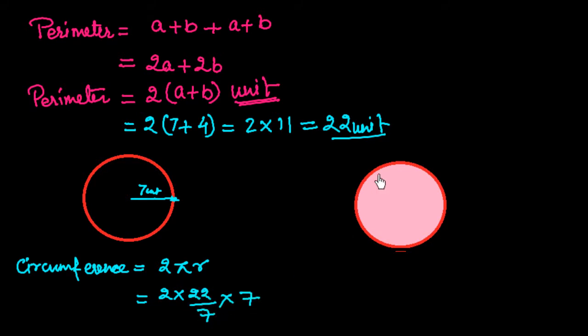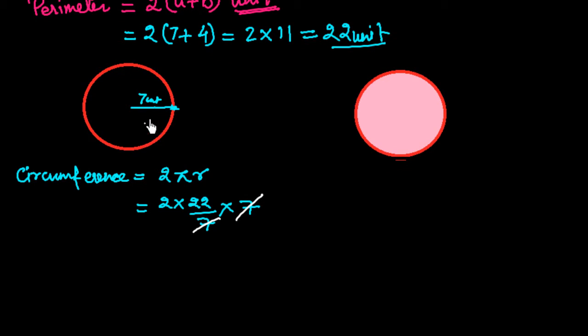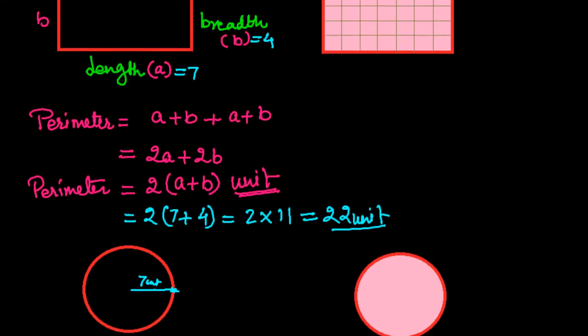If we simplify this, the length of this boundary would be 2 into 22, which is equal to 44 units. So this is also in units. This is how we get the circumference or perimeter of the figure.